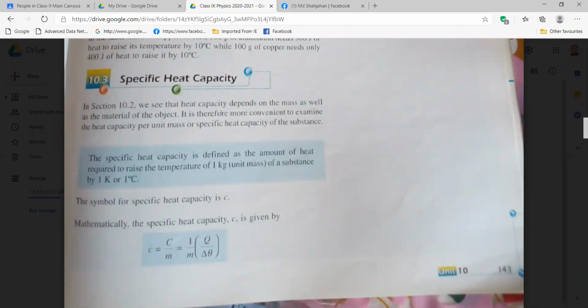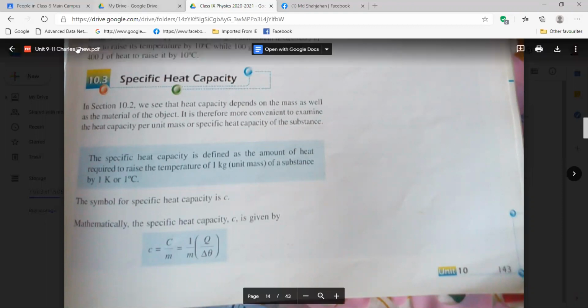The specific heat capacity is defined as the amount of heat required to raise the temperature of 1 kg unit mass of an object by 1 Kelvin or 1 degree Celsius. The symbol for specific heat capacity is c. Mathematically, the specific heat capacity c is given by c equals C by m equals 1 by m times Q by delta theta.